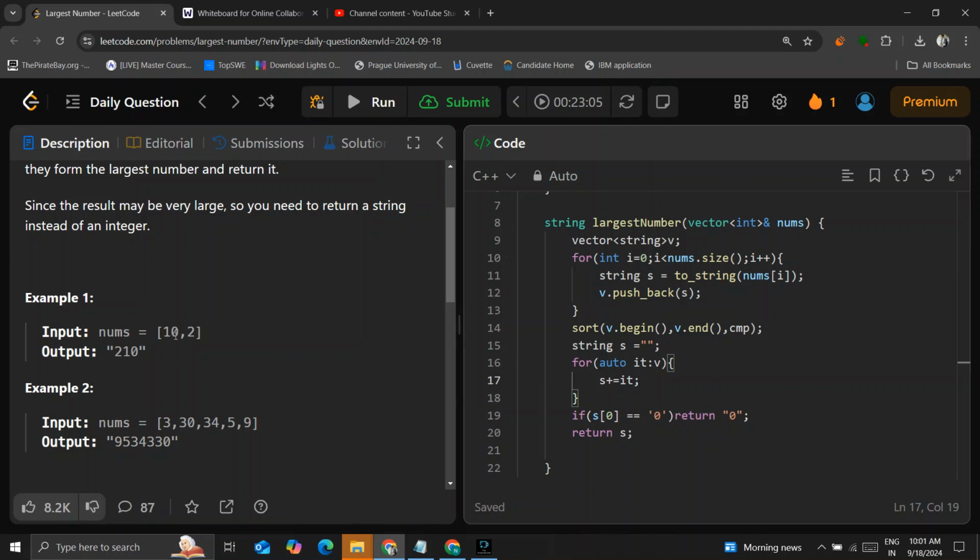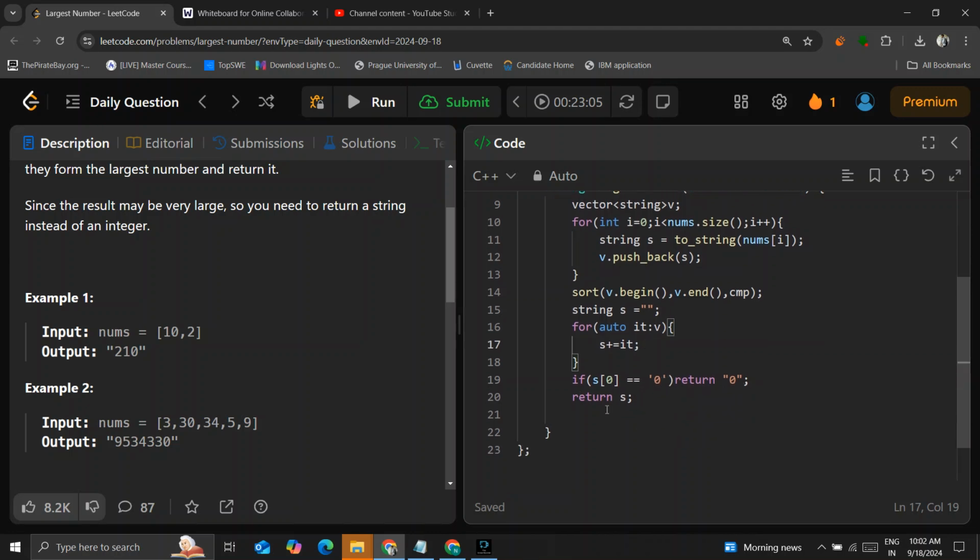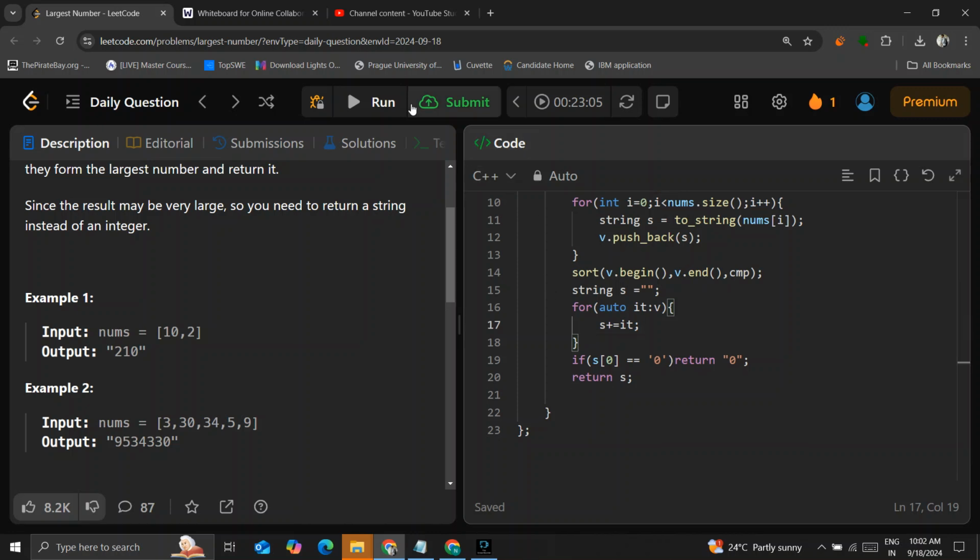So suppose in this nums vector, it is given 0 and 0. The answer would be a string containing two zeros, but two zeros and one zero are equivalent, so this would give us an error. That's why, if multiple zeros are stored in the string and all are zeros, I will return a single zero. Otherwise I will return the simple string.